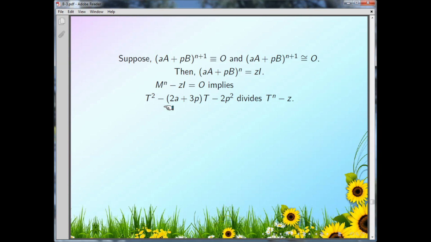This matrix has two eigenvalues, and those eigenvalues must show up here as well. So this divides that, and this polynomial is a special polynomial. It has two distinct real roots because p is non-zero by assumption and this is a negative number, so the discriminant of this quadratic polynomial is a positive number.